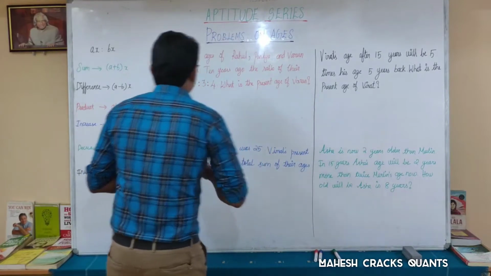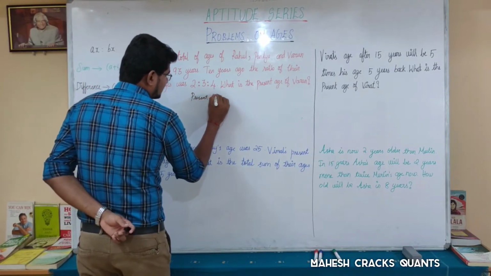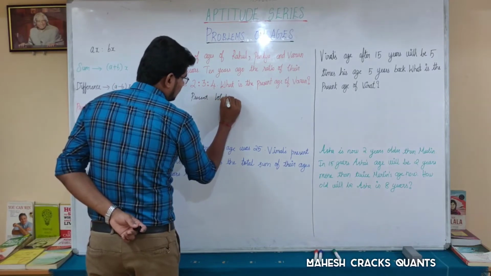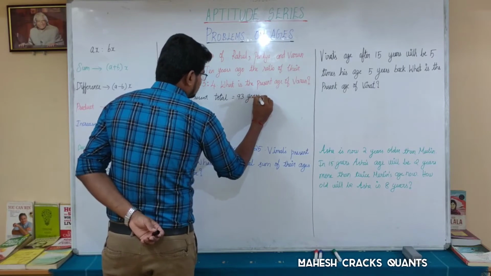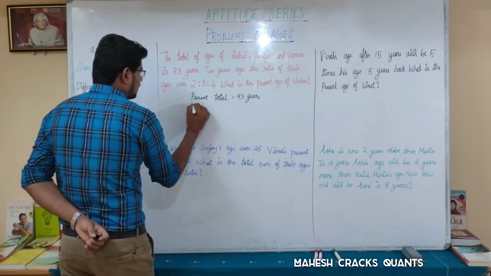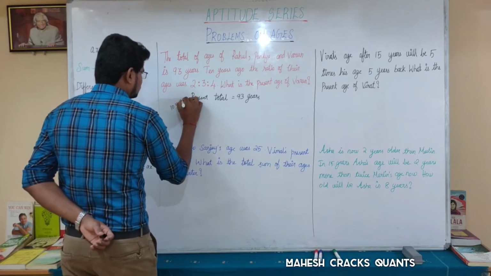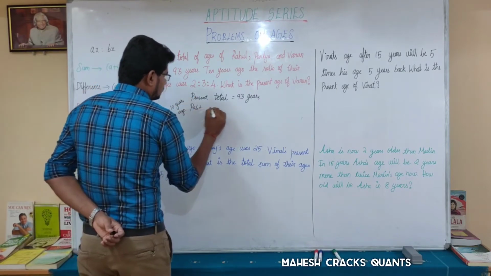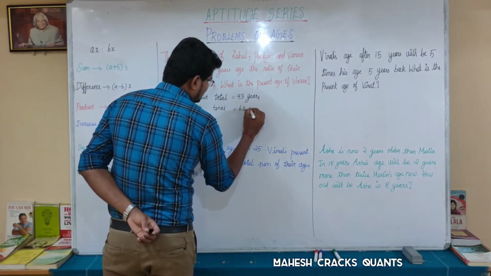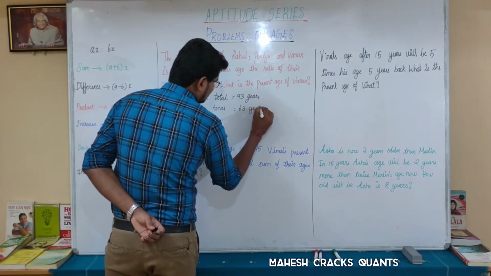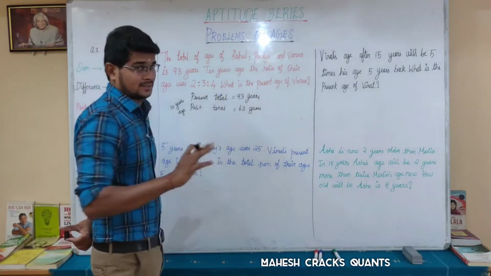We'll write it down. Present total is 93 years. 10 years ago, the total would be 63 years, because subtracting 30, each one reduced by 10 years.